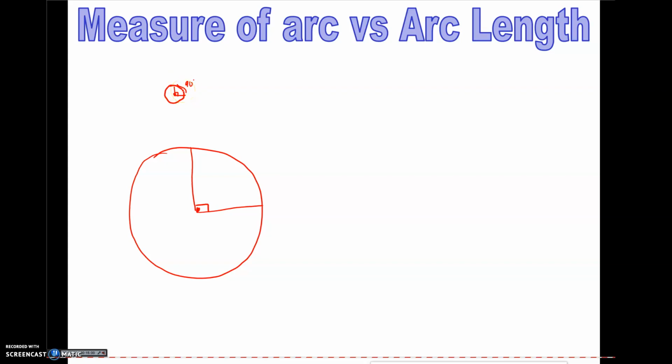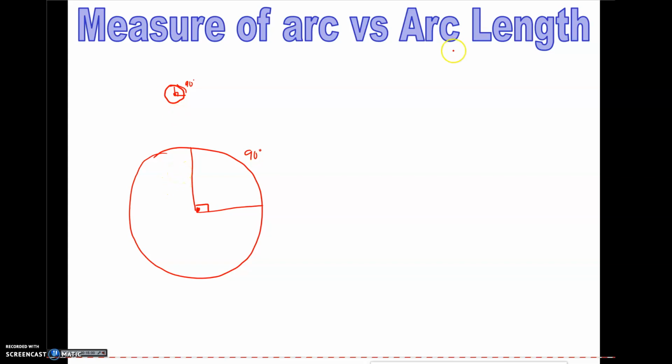So I know this central angle, the measure of this arc, is going to be 90 degrees. That's how many degrees it is, how much it's opened, and altogether it's always going to be 360, no matter if you have a little tiny circle or a big circle. You're always going to get 90 degrees there. That's going to be your measure of the arc.